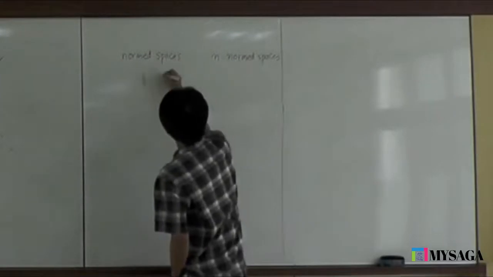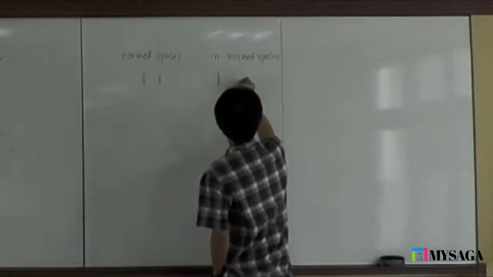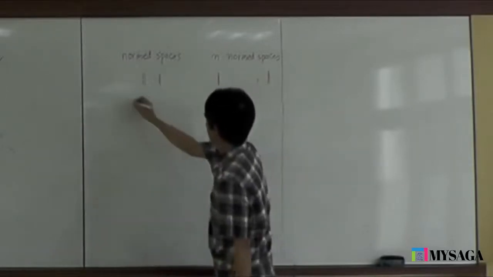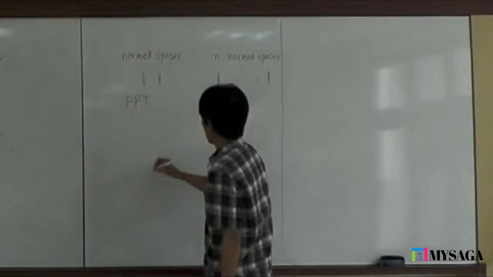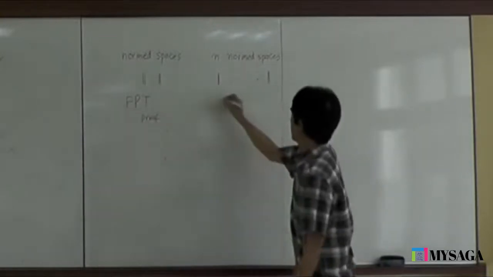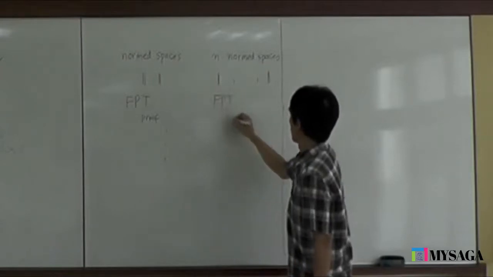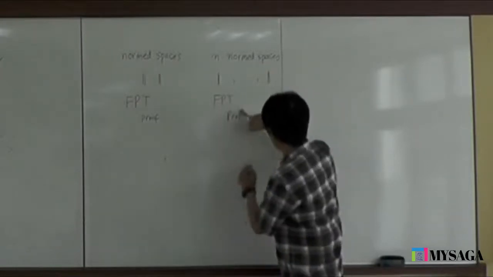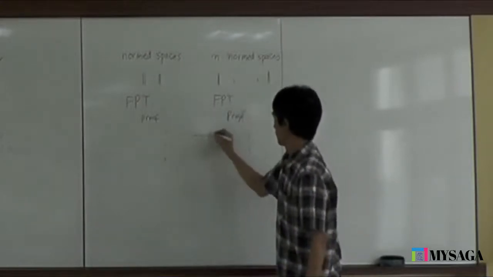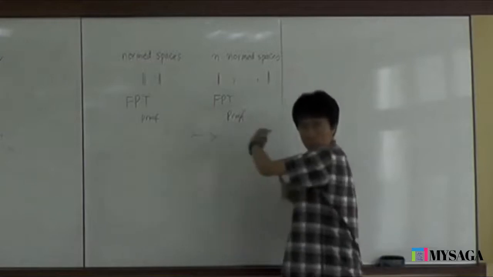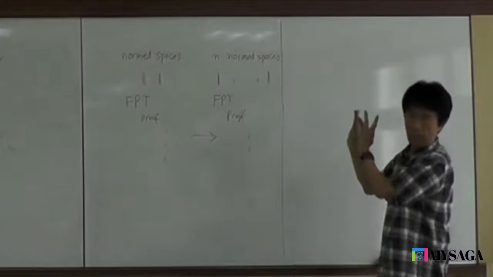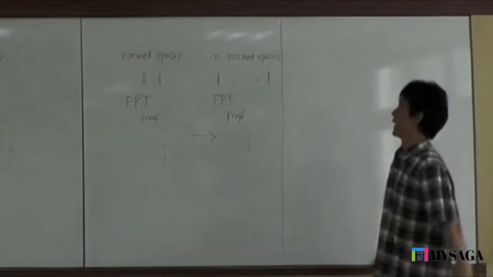We have a norm here, we have an n-norm there. So here we have a fixed point theorem, for example, with the proof. And here they also prove a fixed point theorem with the proof. And this just imitates. They import the proof from here to there. I don't want this. Okay?